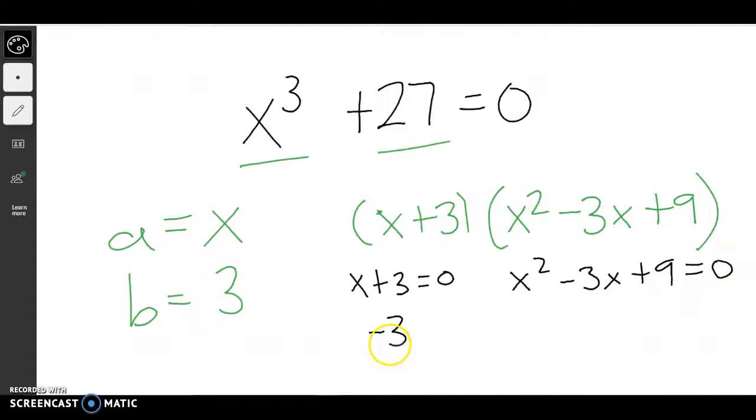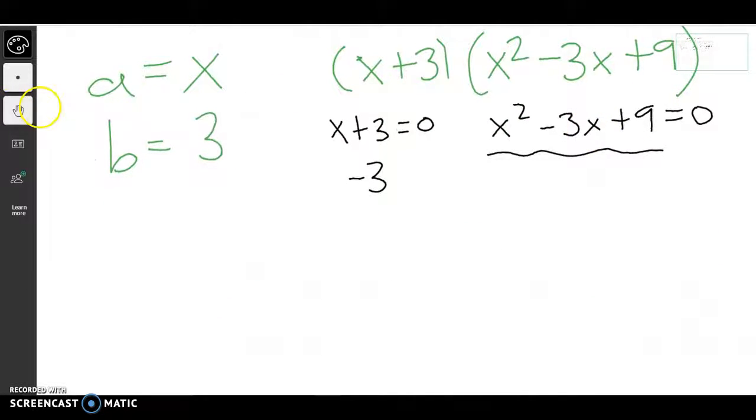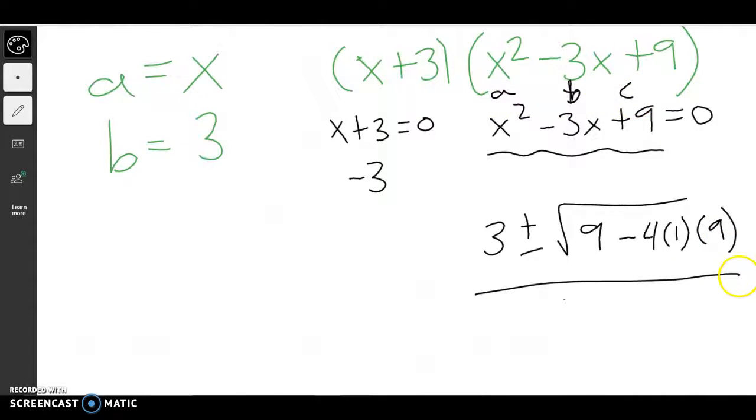This would become -3. This, we can't factor, so we have to use the quadratic formula, which is -b, so 3, plus or minus the square root of b squared, which would be 9, minus 4 times a, which is 1, times c, which is 9, all over 2a, which is 1.